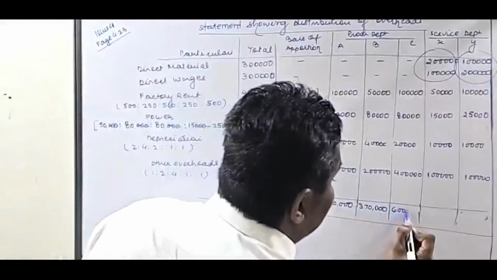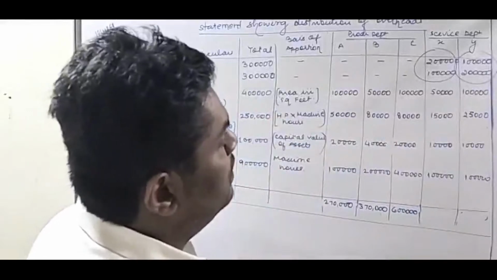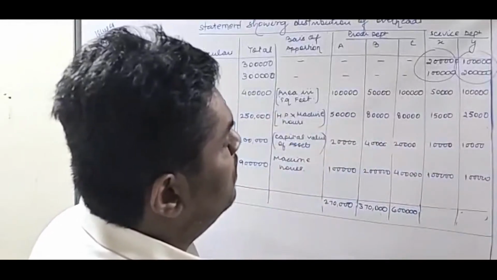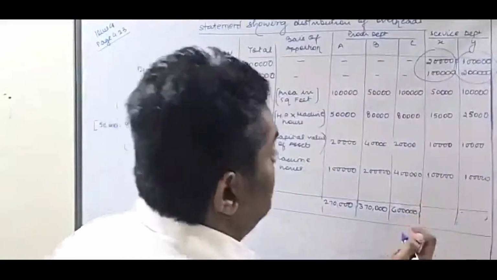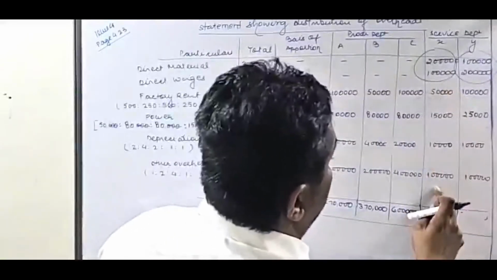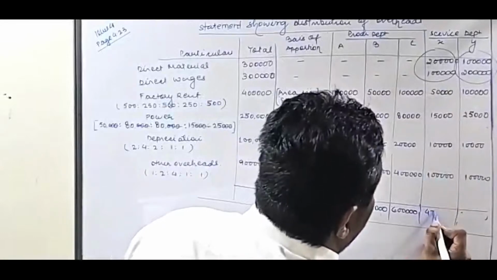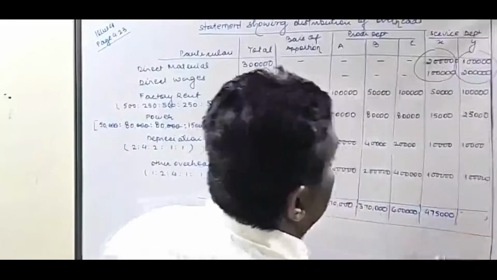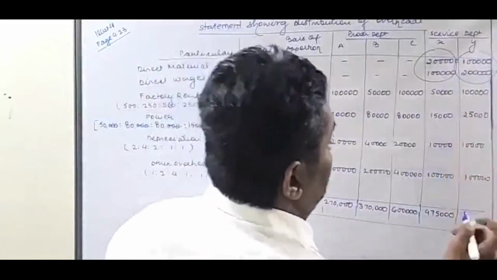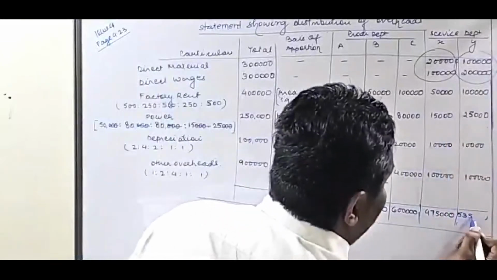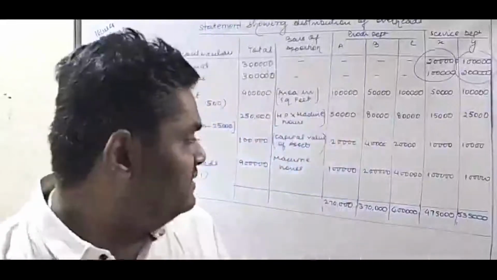This will be 6 lakh. 4,75,000. 5,35,000. One additional zero. Sorry, guys, for the inconvenience.